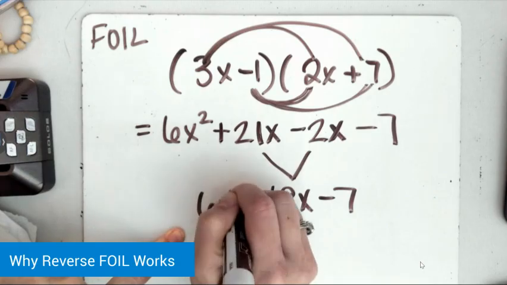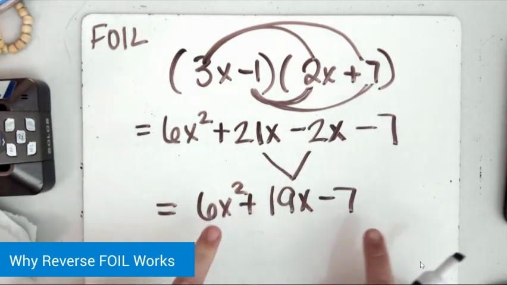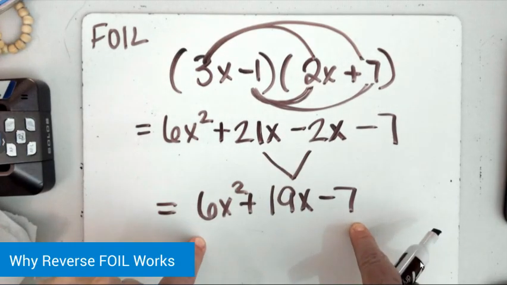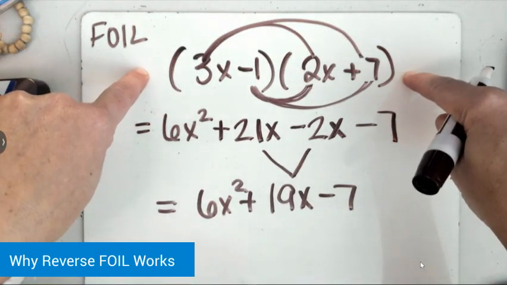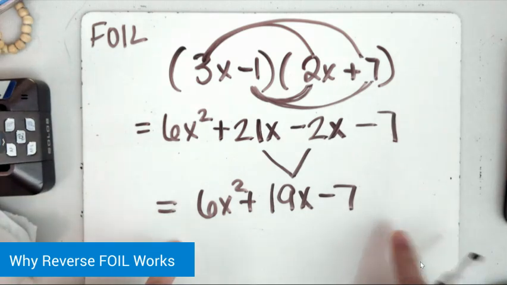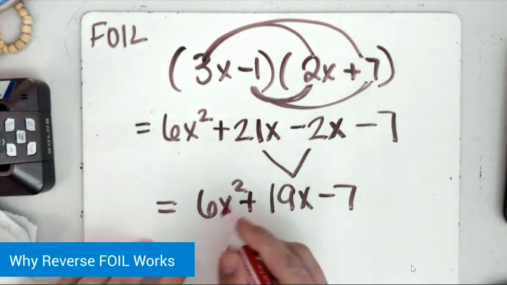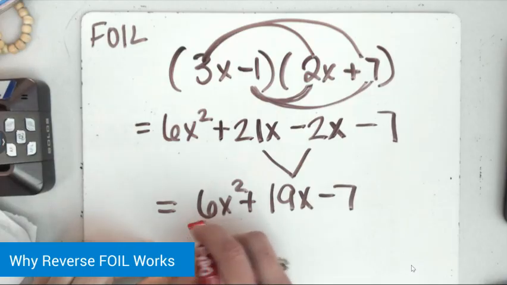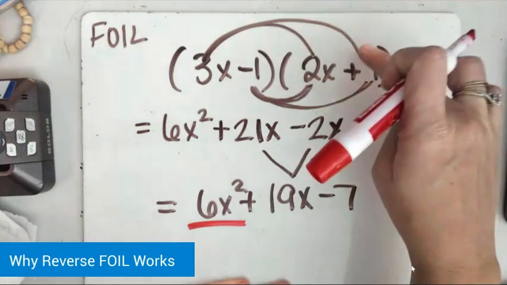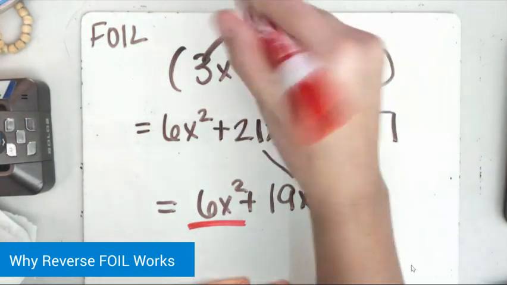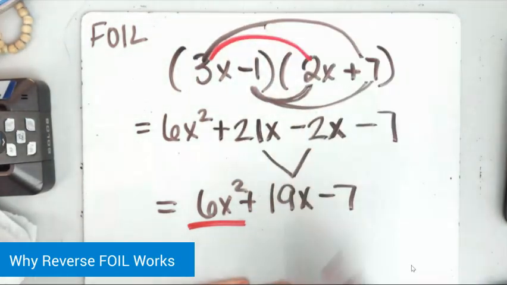Okay. Now, you are starting here and getting here with absolutely no work. Now let's talk about it. Where did this come from? 3x. So the first times the first? Yeah. Okay.